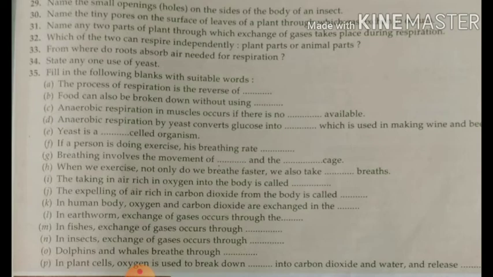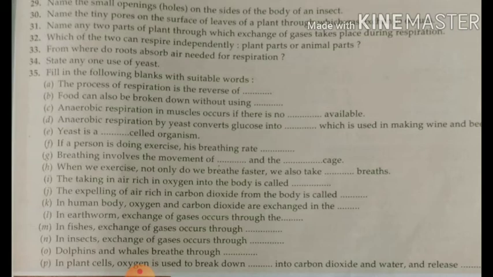Then M, in fishes, exchange of gases occurs through gills. Then N, in insects, exchange of gases occurs through spiracles and trachea. Then O, dolphins and whales breathe through blowholes. And last P, in plant cells, oxygen is used to break down glucose into carbon dioxide and water and release energy. So this was very short answer type questions.